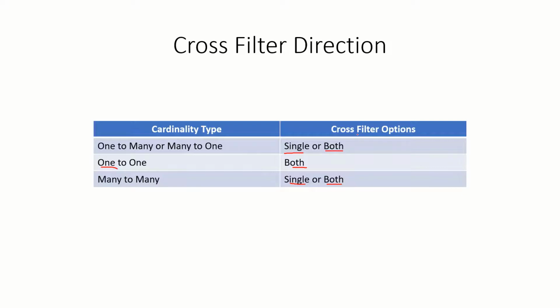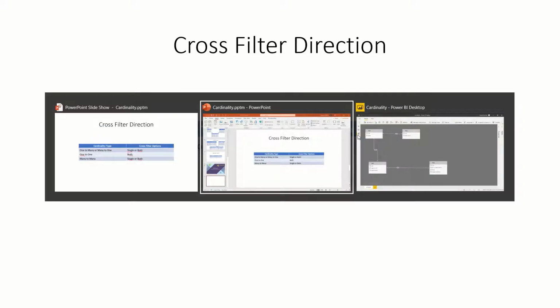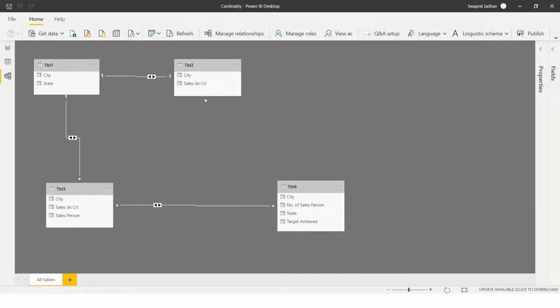If we go to the Power BI desktop file, for the one-to-one join between table 1 and table 2, we have a one-to-one cardinality join, and we have two arrows here. One is pointing to table 1 and the other one is pointing to table 2. So this represents the both cross filter option.